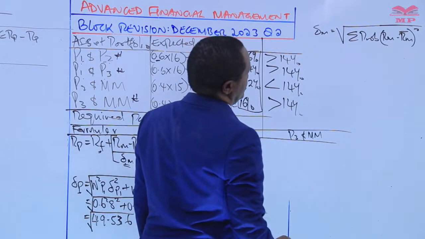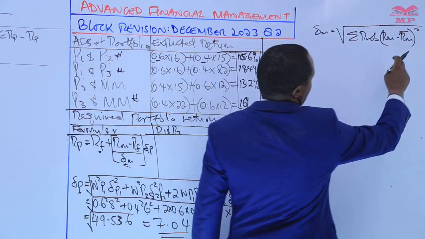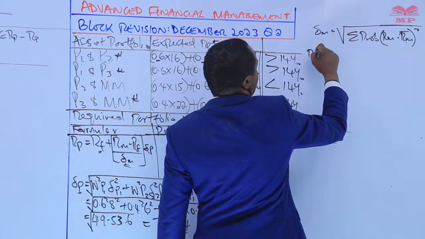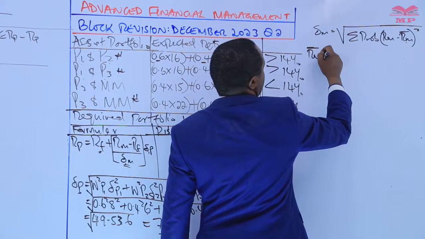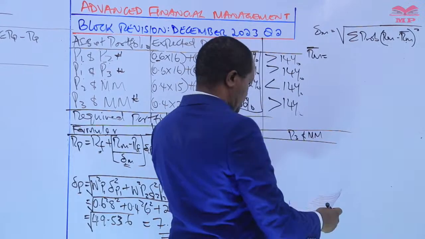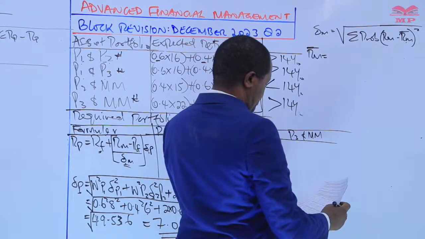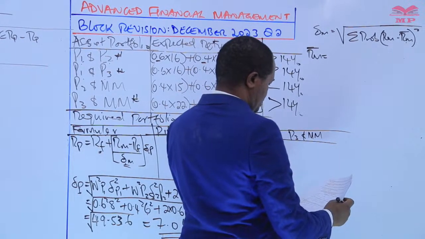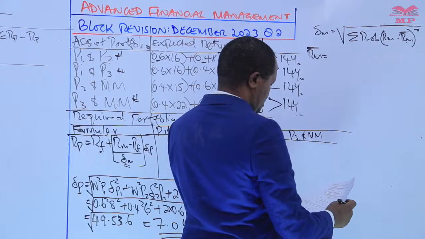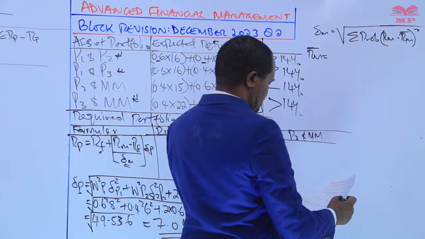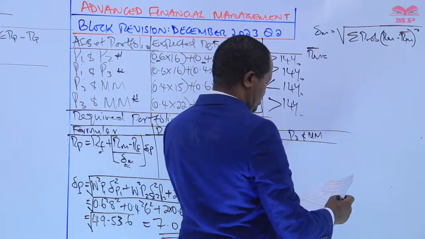So we are going to first of all calculate the expected return, RM, which we will get the figures from note number 2. Under additional information, we have 0.3, 0.4, and 0.3. Therefore, the forecasted rates of return are 10, 15, and 20 respectively.